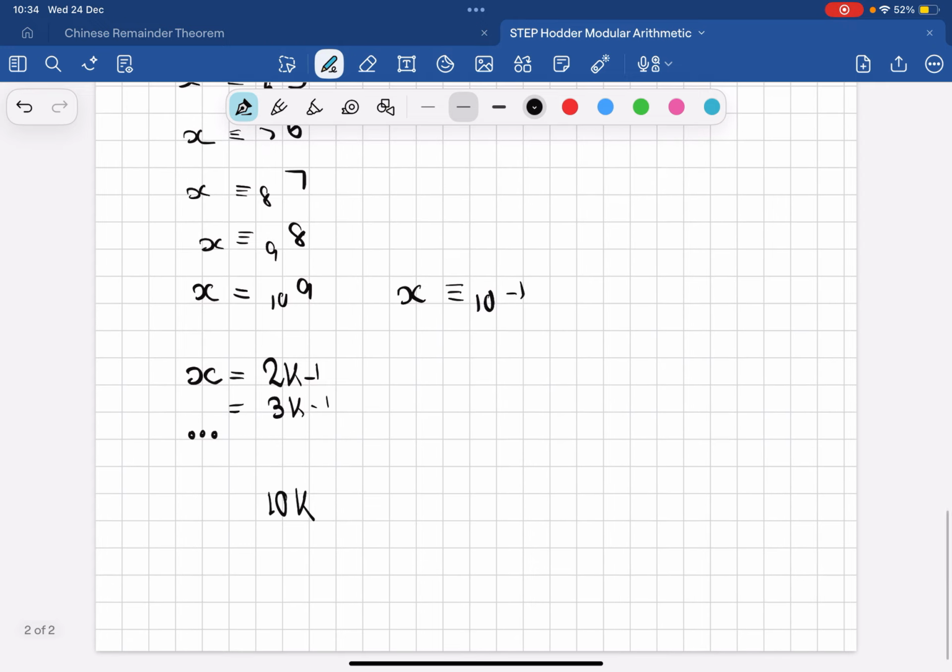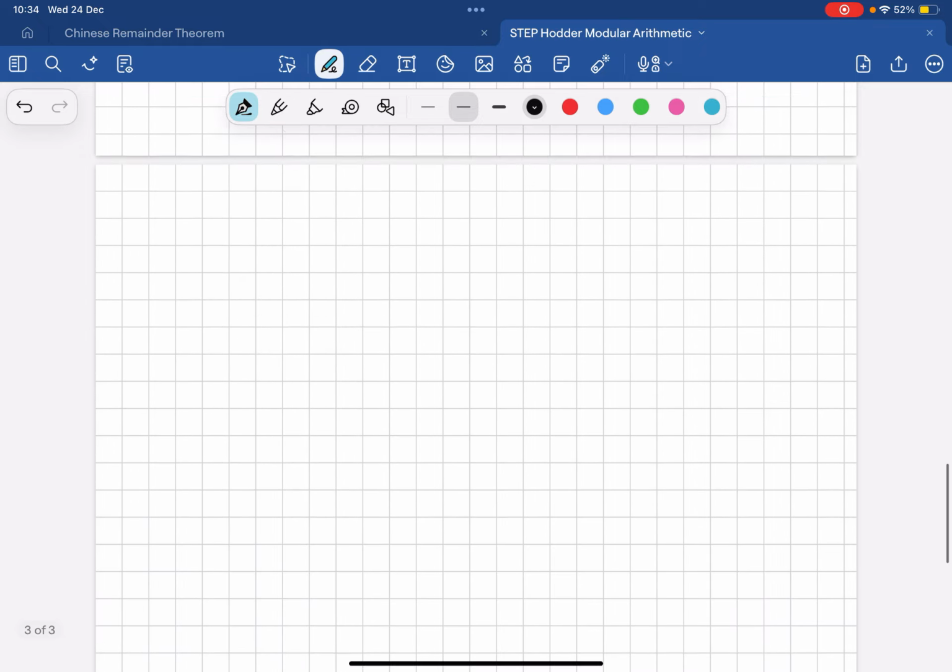So we know that x is 1 less than a number that is divisible by 2, 3, 4, 5, 6, 7, 8, 9, 10. So now we need to find the smallest number that is divisible by 2 up until 10.